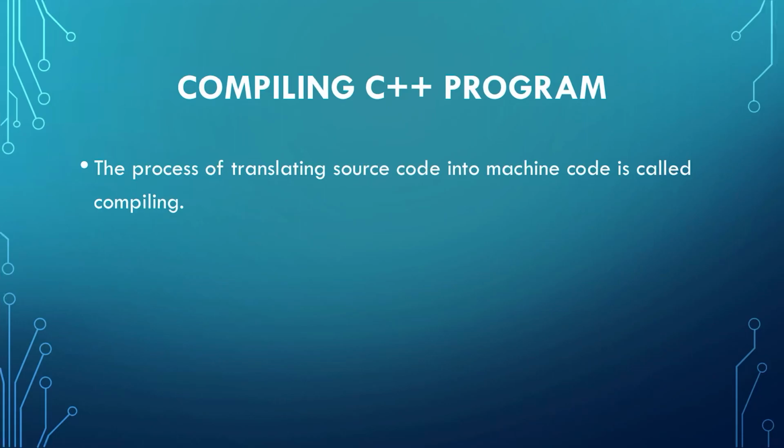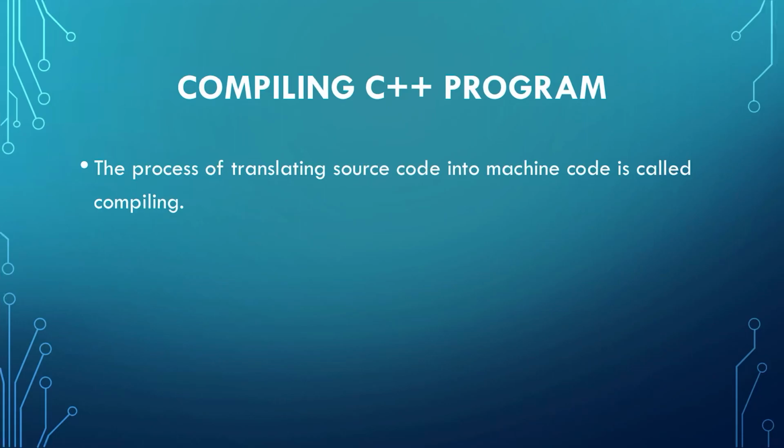The C++ compiler is used to translate the C++ program source code into the machine code. Now, the translated code is called object code. When C++ compiler translates the source code, a new file is created for object code with the extension .obj. Now we know that the source file had the extension .c or .cpp, and the object file will have the extension .obj.